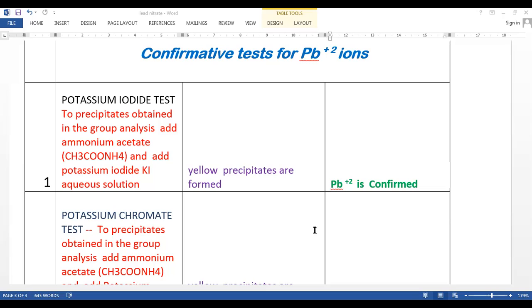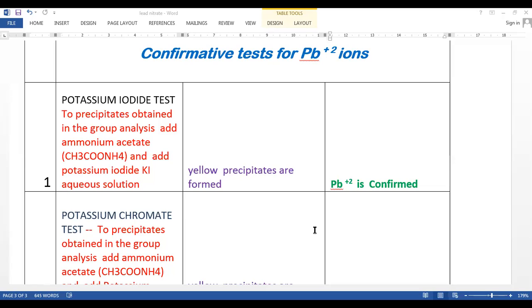Now we are going to add 50% nitric acid to it. You can see. Then these black precipitates are heated in the water bath. When we heat it in the water bath, the black precipitates turn into yellow precipitates.